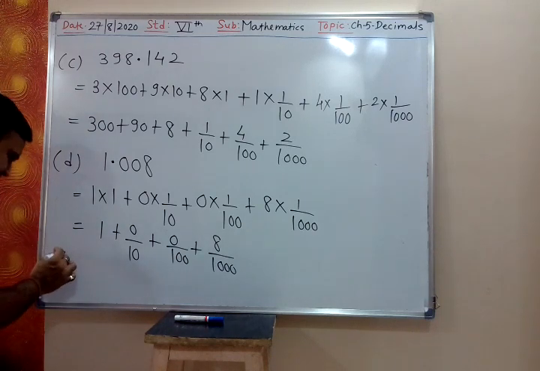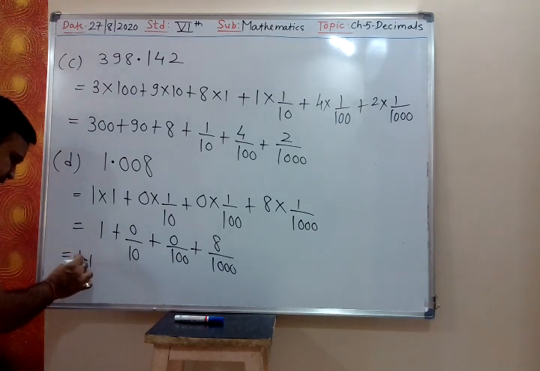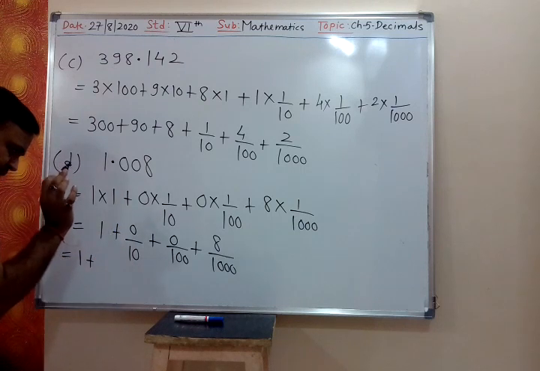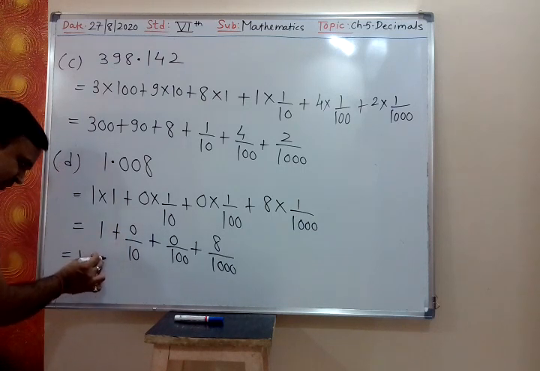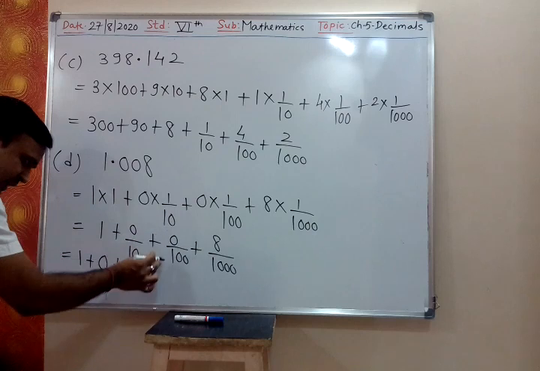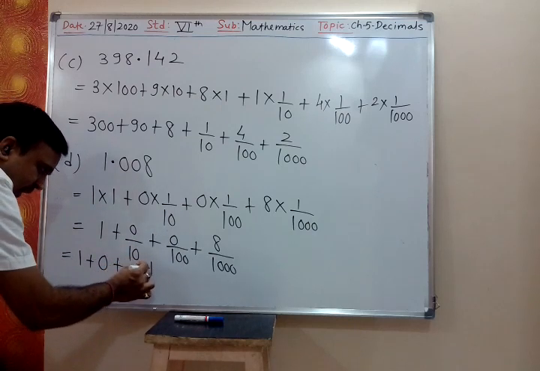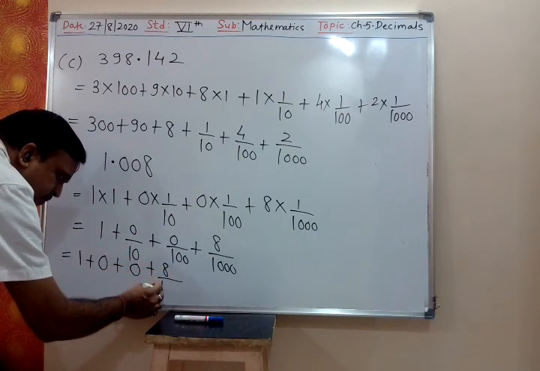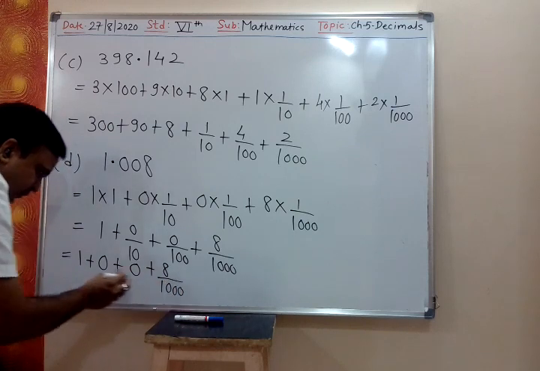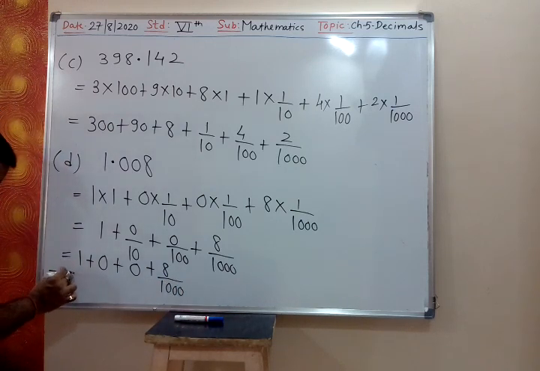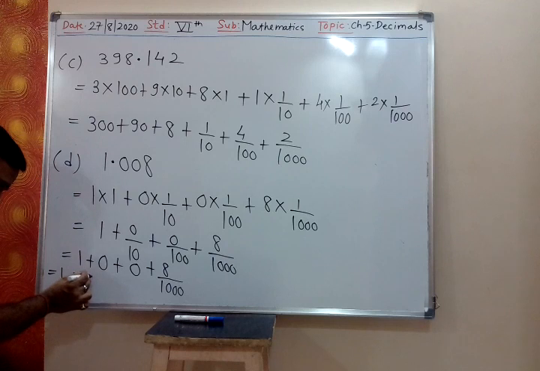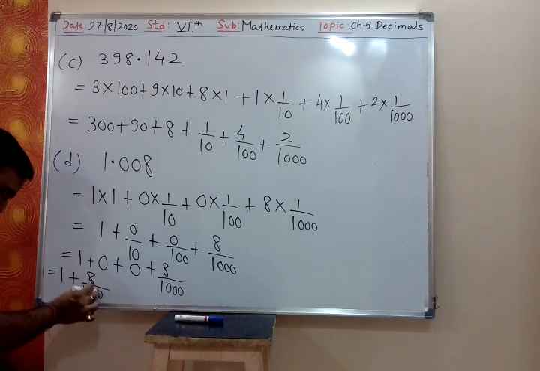So now further I can write this as 1. Now 0 divided by 10 will be 0. 0 divided by 100 will be 0. And this is 8 upon 1000. So finally this we write as 1 plus 8 upon 1000.